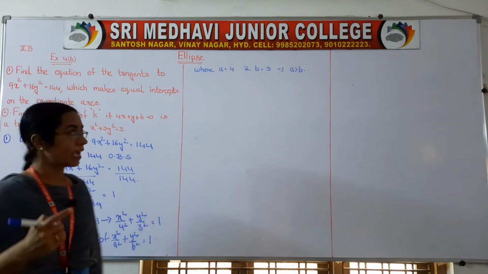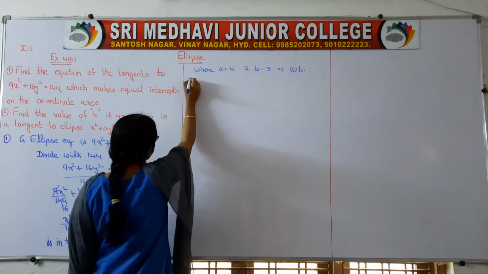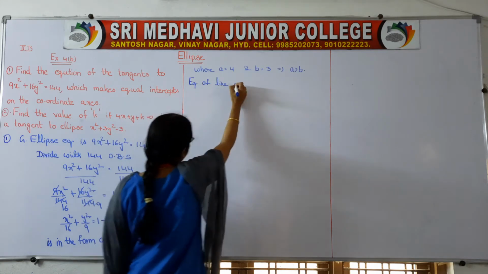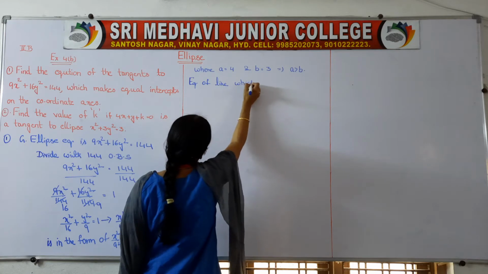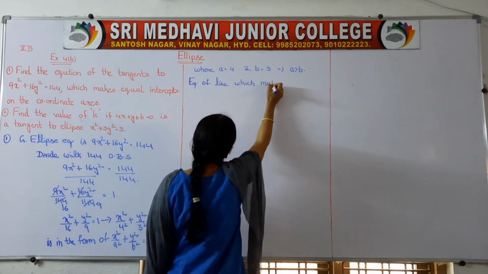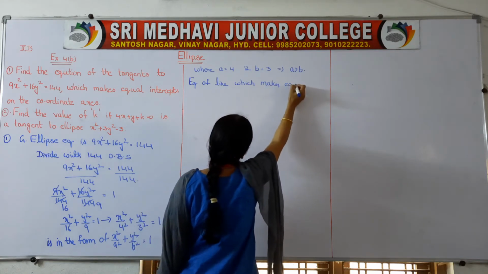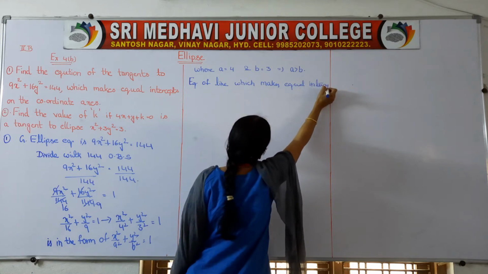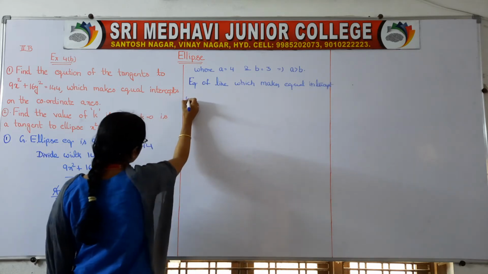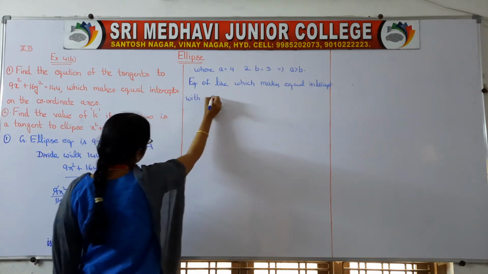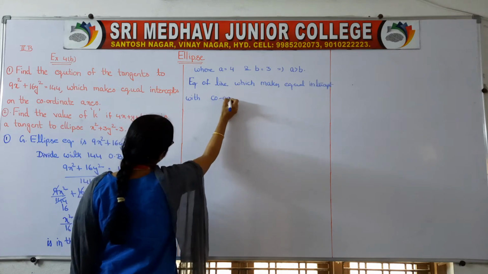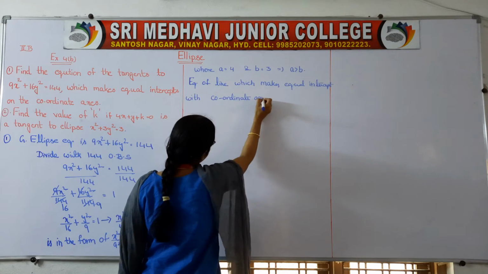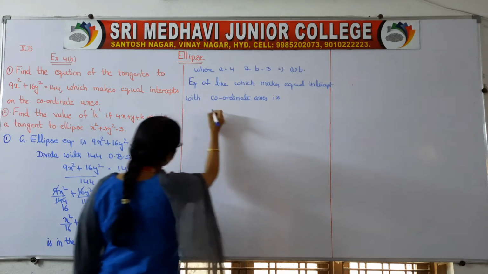the coordinate axis. So the equation of a line which makes equal intercepts with the coordinate axis, what is that?